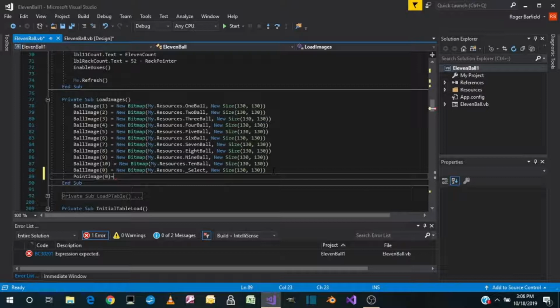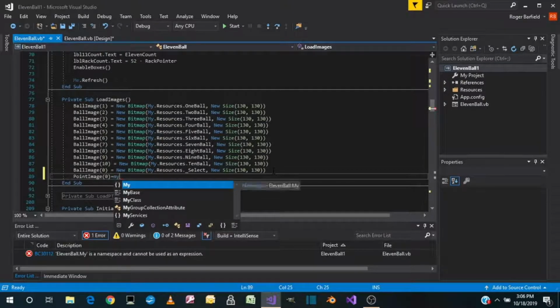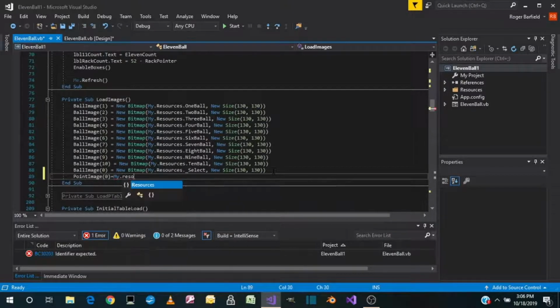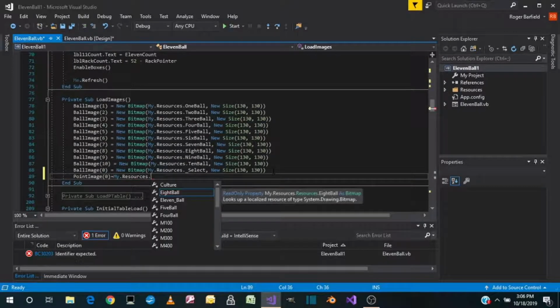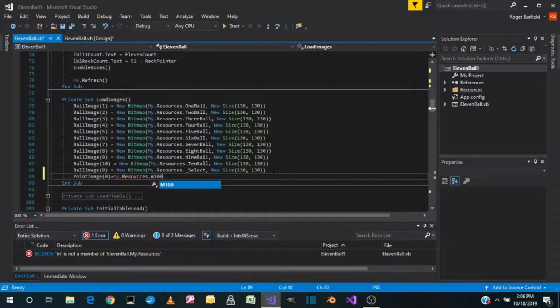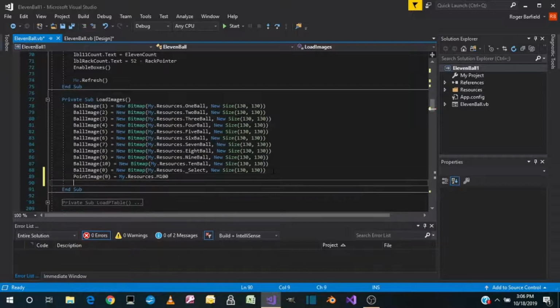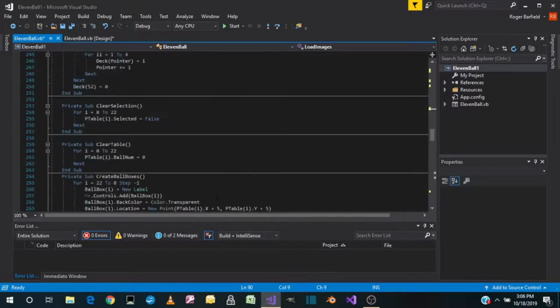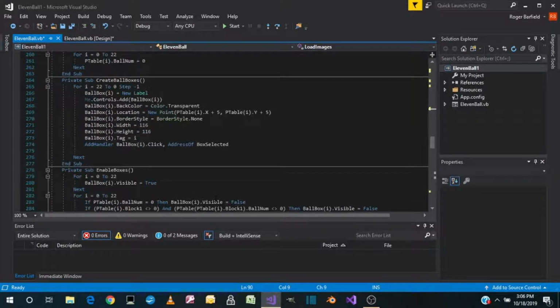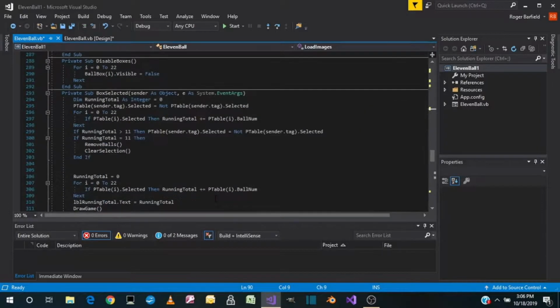Let's just load the bitmap in first, because I don't know if we're going to need to resize it. And we'll do the M100. And we'll just temporarily put it over here on the ball load.